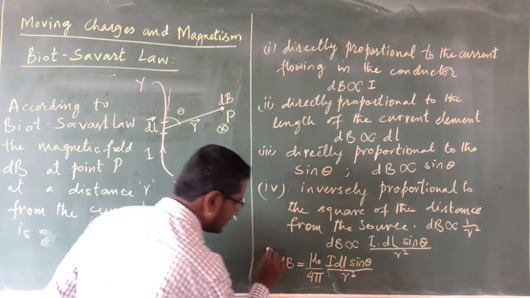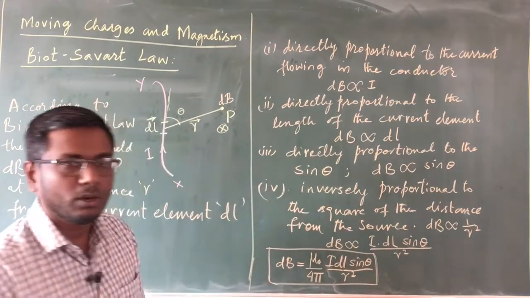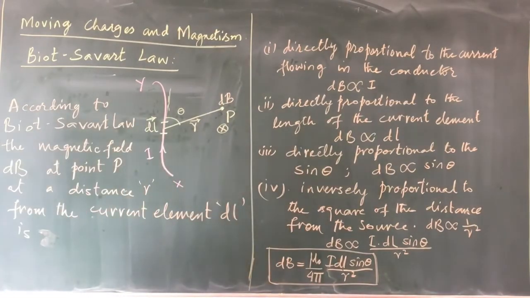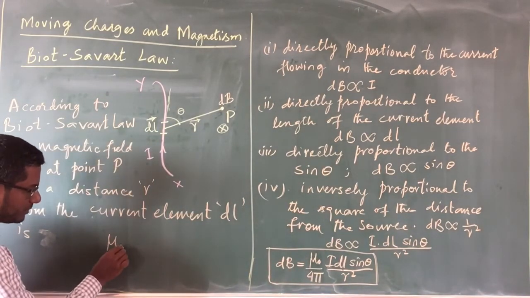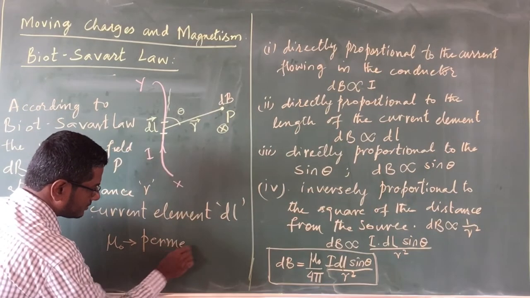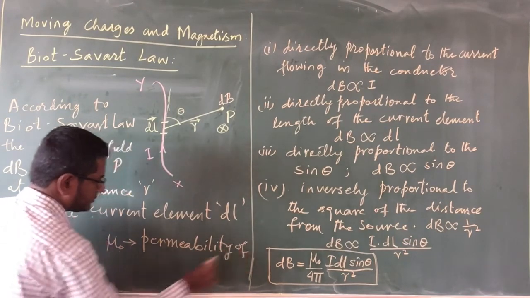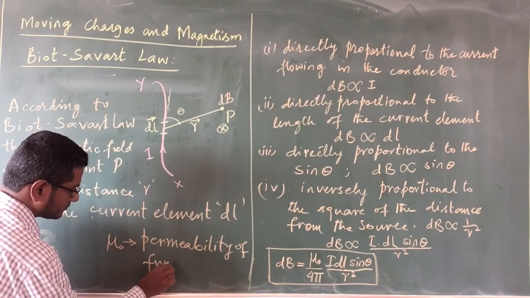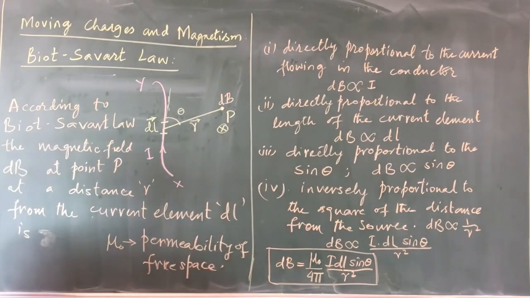This is the statement of equality of the Biot-Savart law. This mu naught is called the permeability of free space.